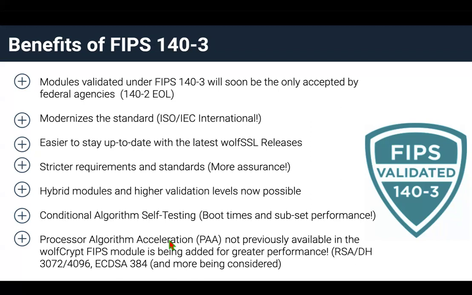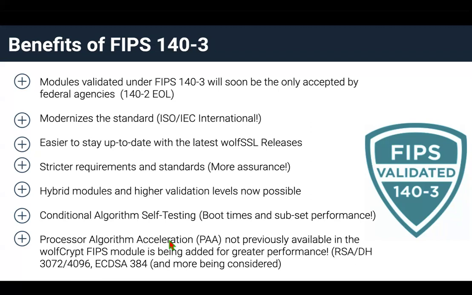And then processor algorithm acceleration is kind of the sister implementation to PAI. It's where you're accelerating just the underlying math, like it's a mathematical construct only, not a full cryptographic implementation on hardware. And known examples of that are like the AES-NI instruction set from Intel or the ARM v8 cryptographic extensions on ARM v8 chips.